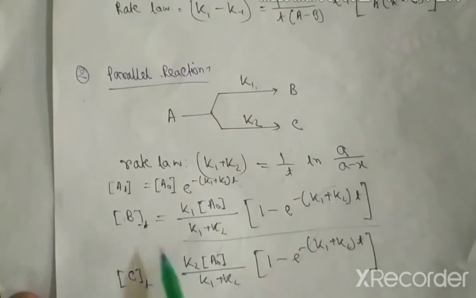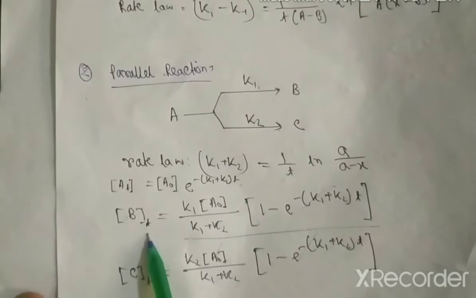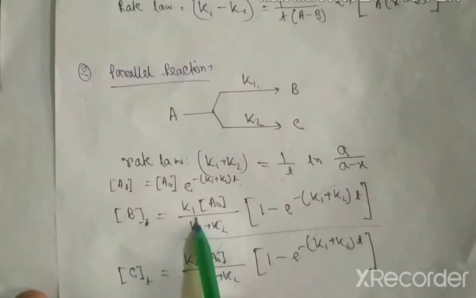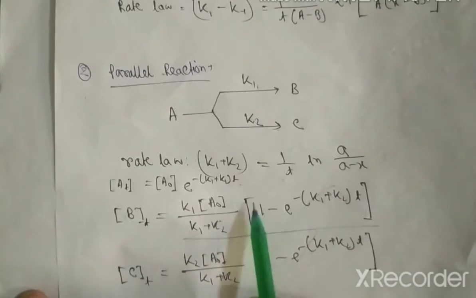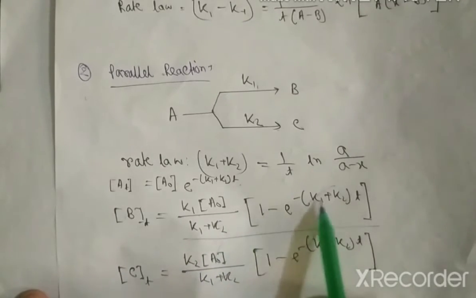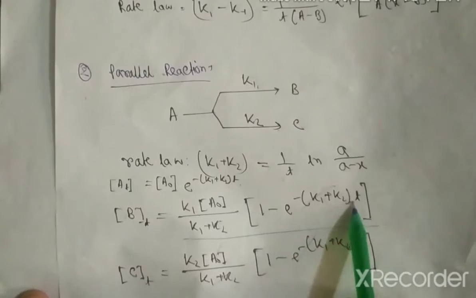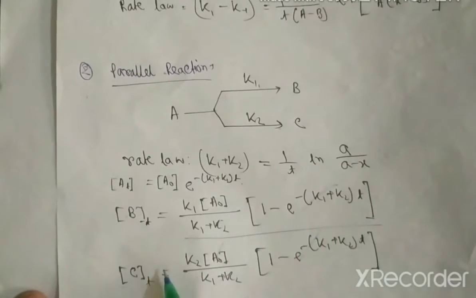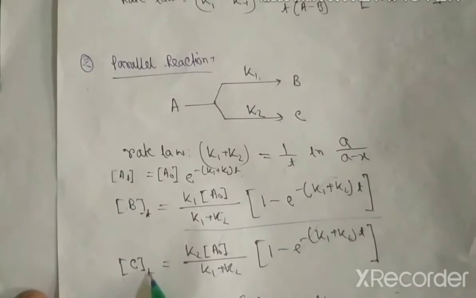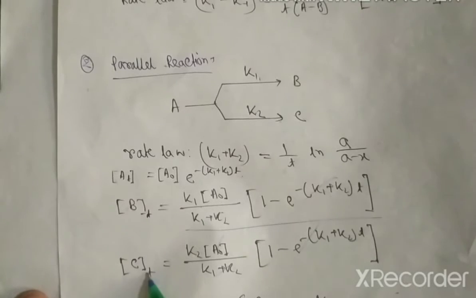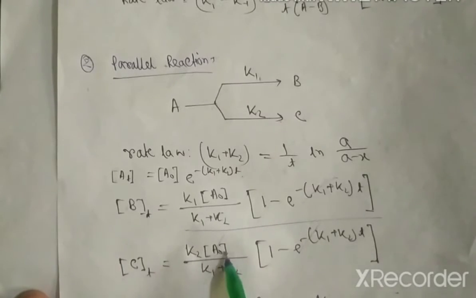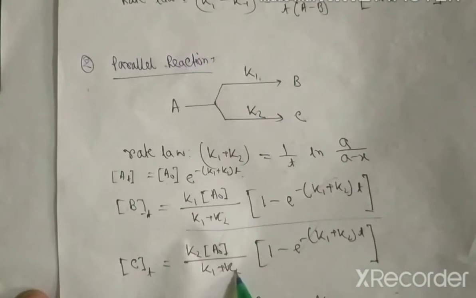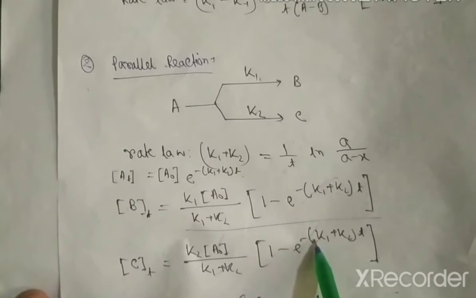The concentration of B at time t is equal to K1 into concentration of A naught by (K1 plus K2) into (1 minus e to the power minus (K1 plus K2) into t). Similarly, the concentration of C at time t is equal to K2 into concentration of A naught by (K1 plus K2) into (1 minus e to the power minus (K1 plus K2) into t).